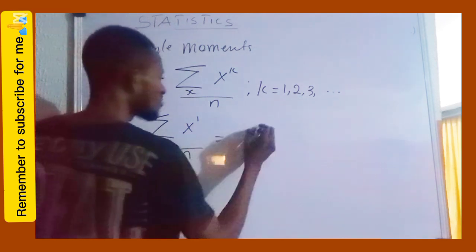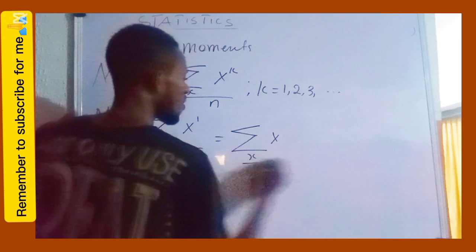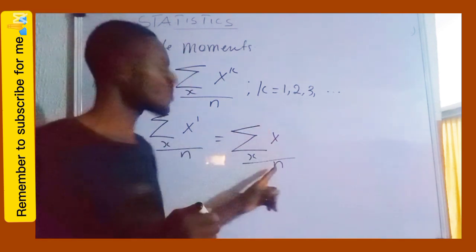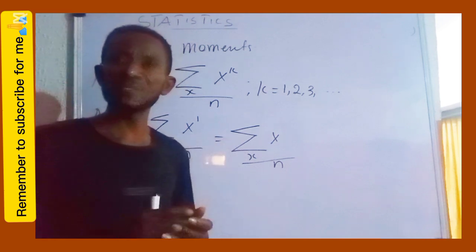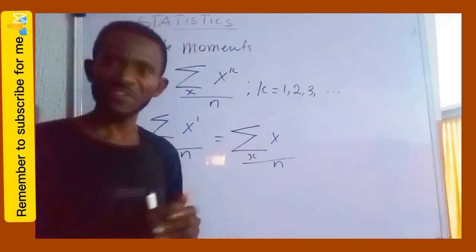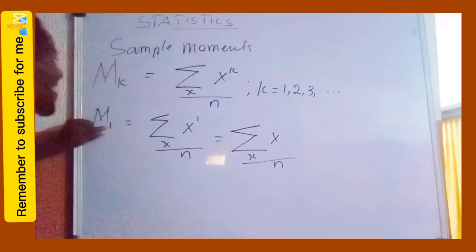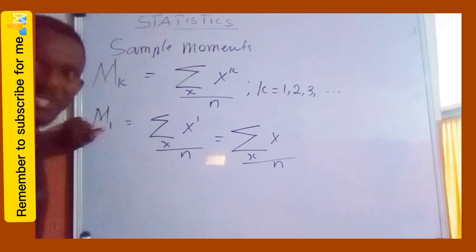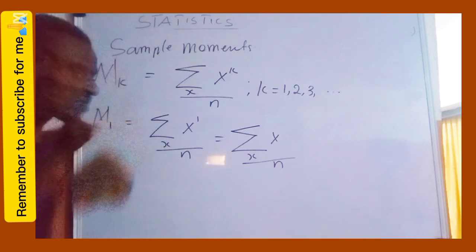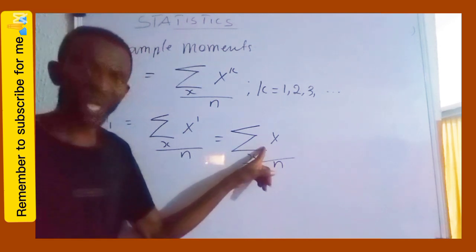Therefore, this becomes the sum of x all over n. You bear me witness that sum of x all over n is what we call the mean of the random variable or mean of observations. Therefore, the first sample moment about the origin, about 0, is the mean of the random variable x.